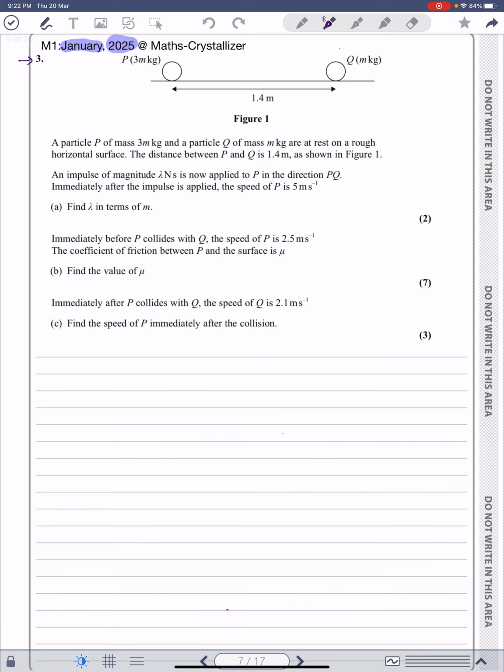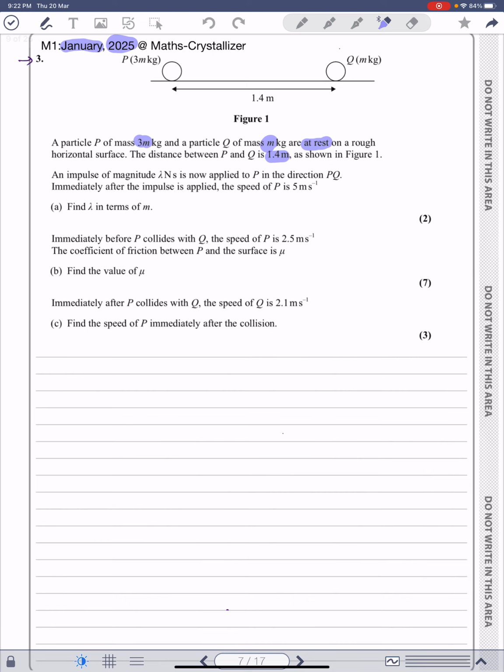A particle P of mass 3m kilograms and a particle Q of mass m are at rest on a rough horizontal surface. The distance between P and Q is 1.4 meters as shown in the figure.